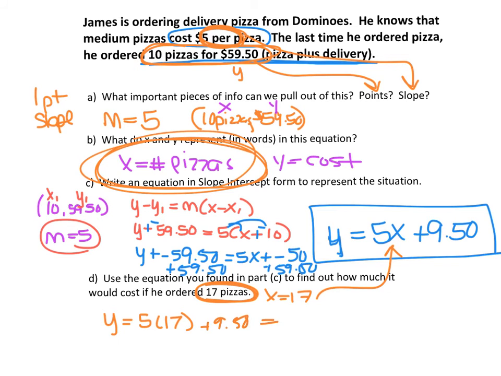So if we take 5 times 17, that's going to be $85 plus 950, and that is going to equal a total cost of $94.50 if I want to buy 17 pizzas and have them delivered to me.